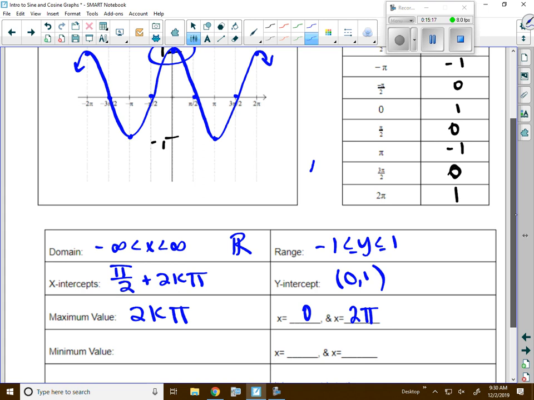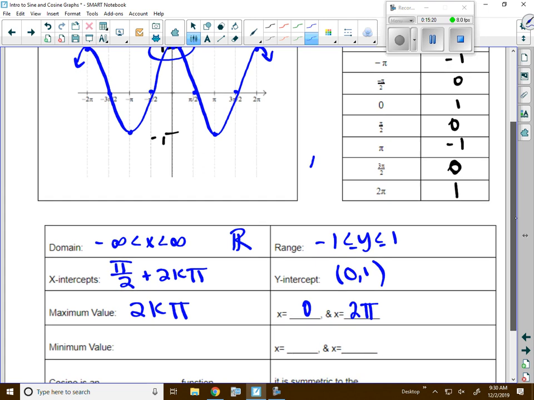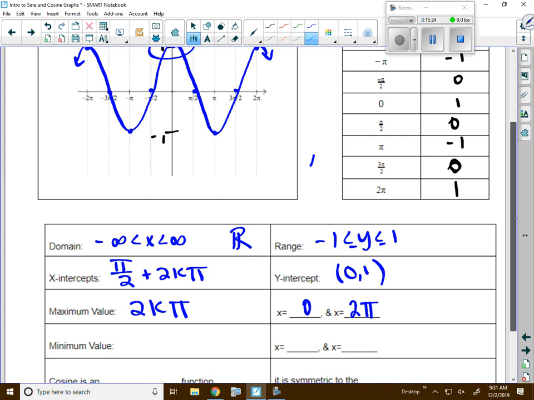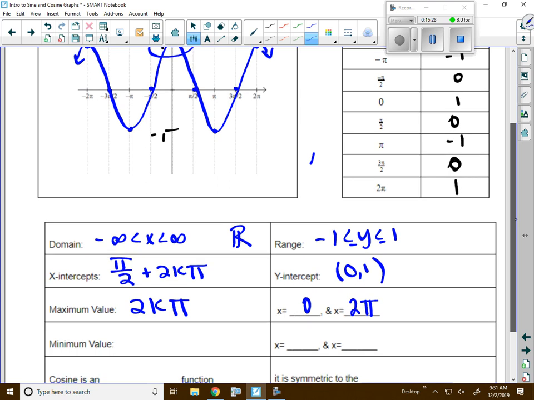Okay, our minimum, where's our first minimum? Pi. Okay, so our first minimum is at pi. To get to our next one, we would add 2k pi.